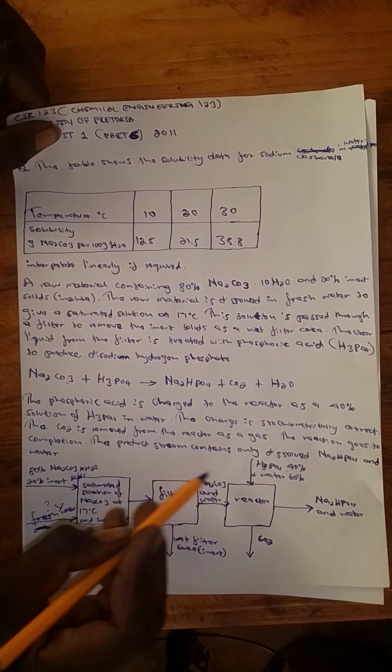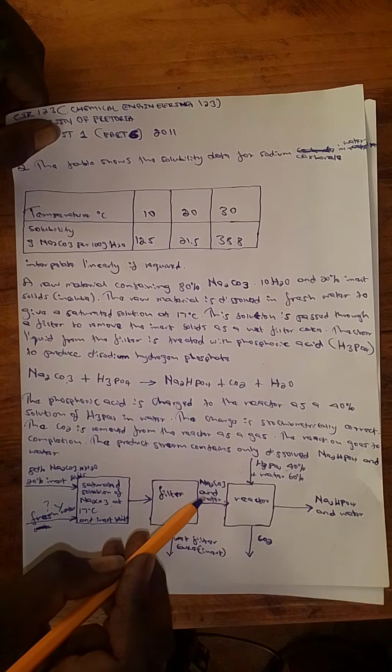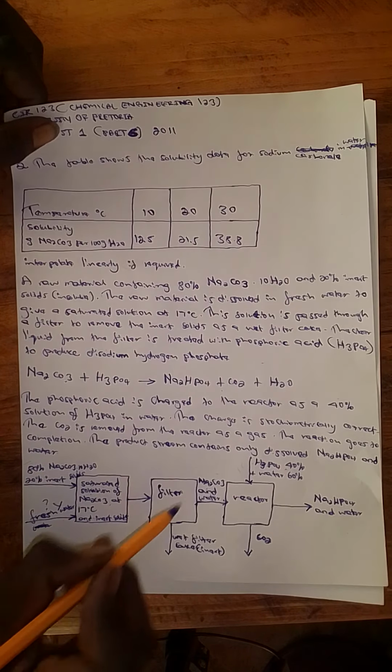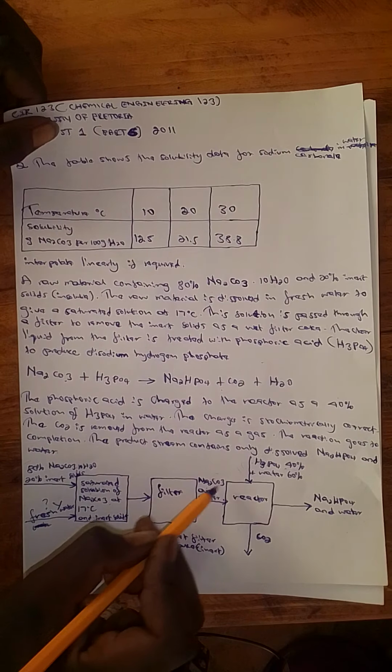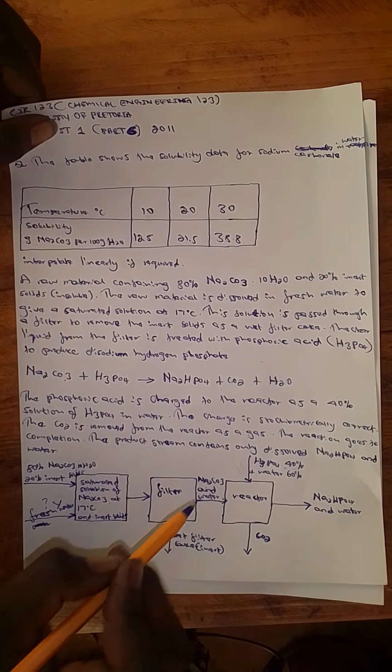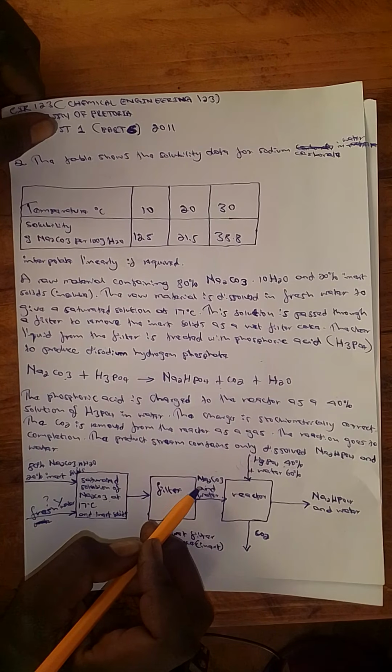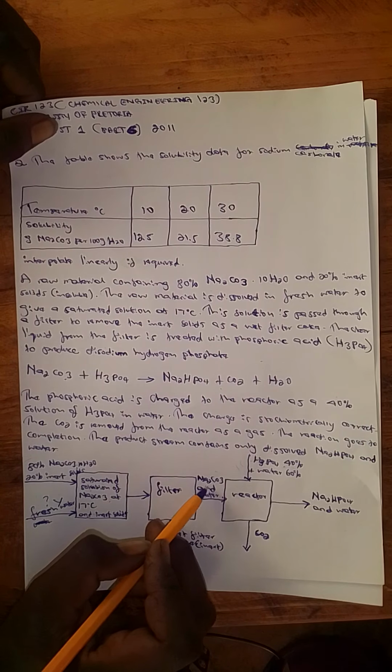We are given a basis of 100 kilograms per hour of the whole solution, and we found that in this 100 kilograms per hour of solution there are 15.825 kilograms per hour of Na2CO3.